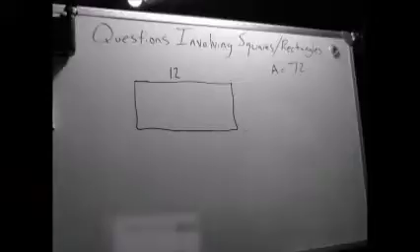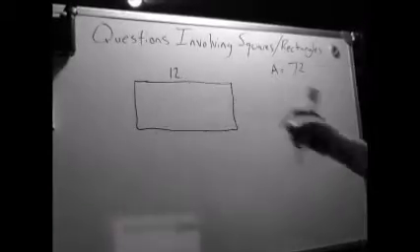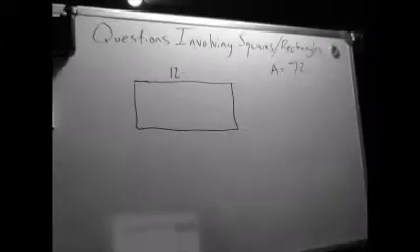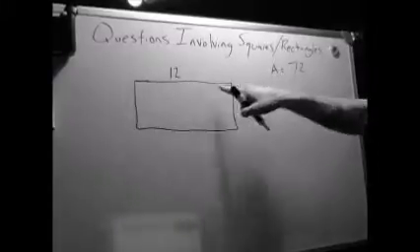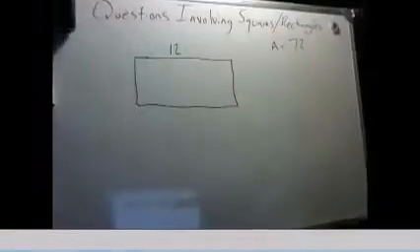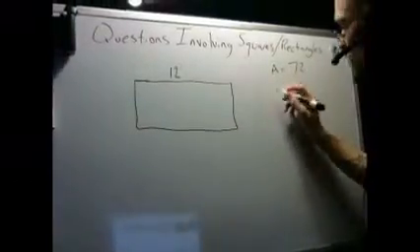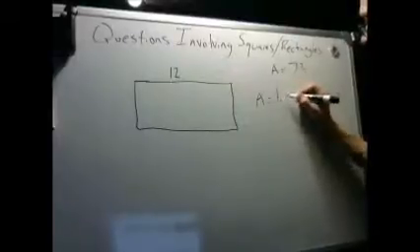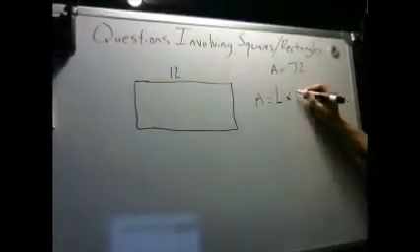Okay, now let's do one involving the area of a rectangle. So I've given the length of the long side as being 12, and we know that the area of the rectangle is 72. Therefore, can we figure out what the length of the smaller sides are from this information? Okay, so what we have to do is walk backwards. We have to recognize that area is equal to length times width.